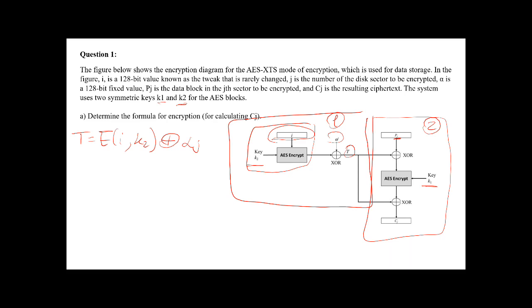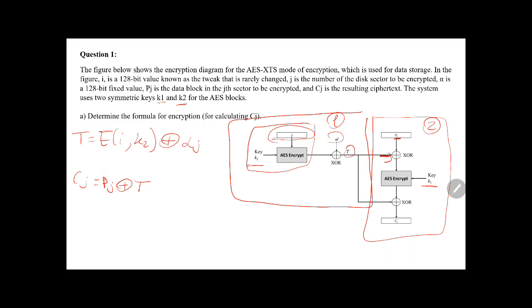And we have our T. So let's go to the second sub-block. Now, we want to go from the PJ down to the CJ, which is the cipher. So CJ is equal to PJ here XORed with the output we had from T. So we can say it's PJ XORed with T.